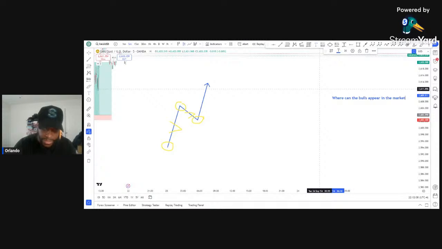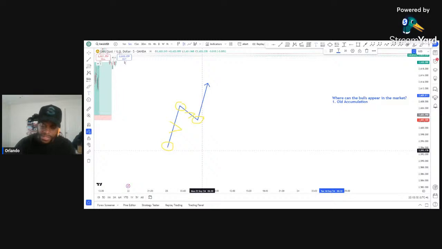That's a great question. Number 1, the bulls can appear at an old accumulation. What I mean by old accumulation is this yellow circle right here. This is the old accumulation.